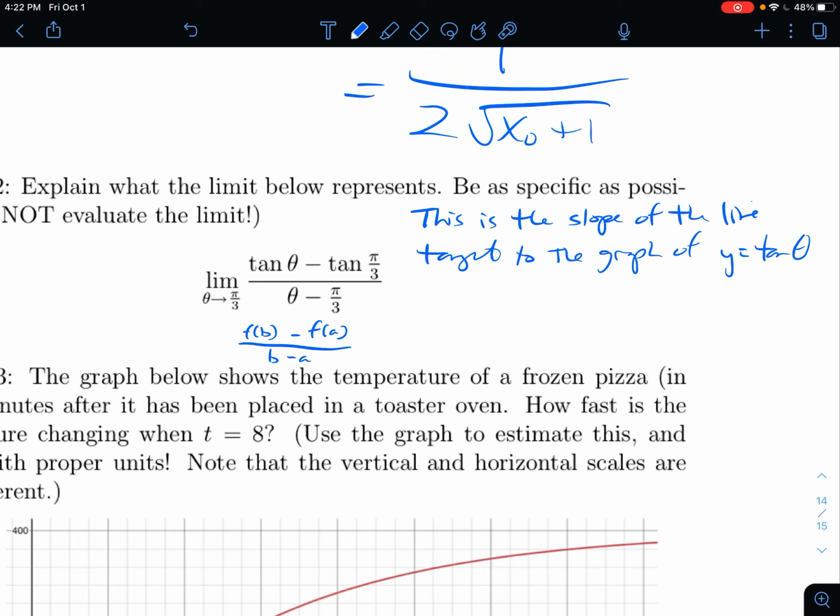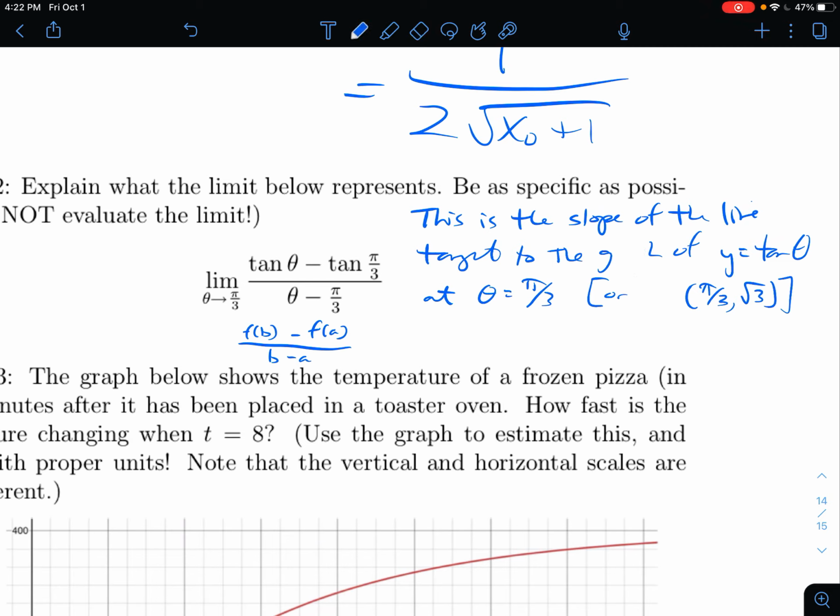Our input variable here is called theta rather than x, at theta equals pi over 3. Or you could say at the point pi over 3, and then tangent of that is specifically root 3.